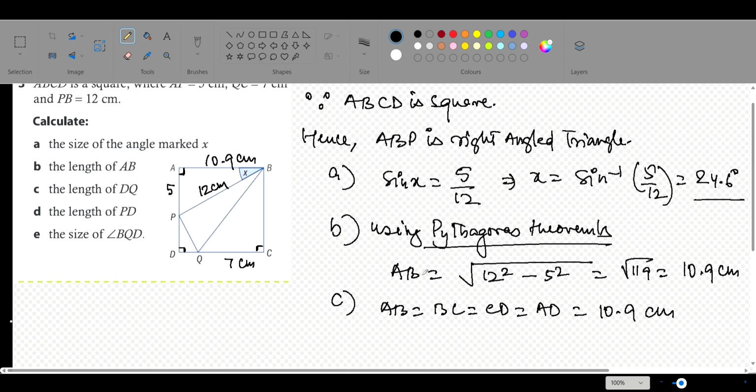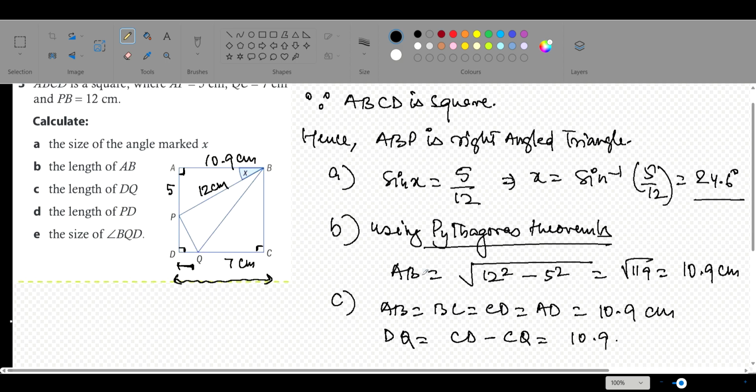Okay, so this DQ is some part of CD, and some part of CD, which is QC, is given to you 7 centimeter. So I hope you get the link. So DQ would be what? CD minus CQ.